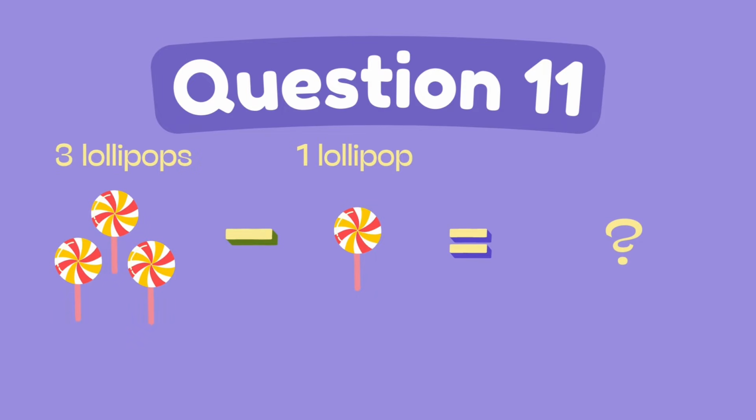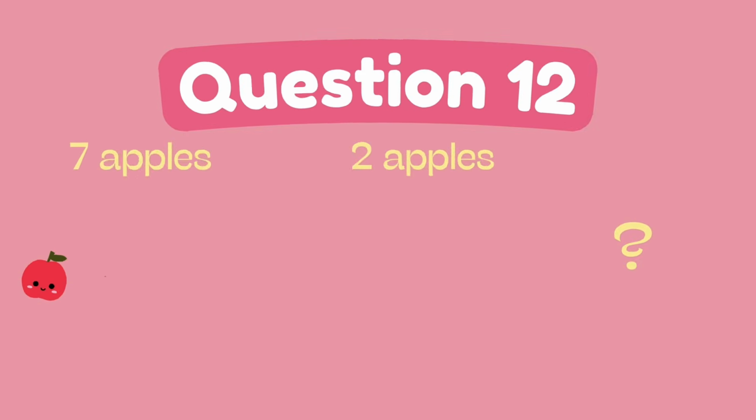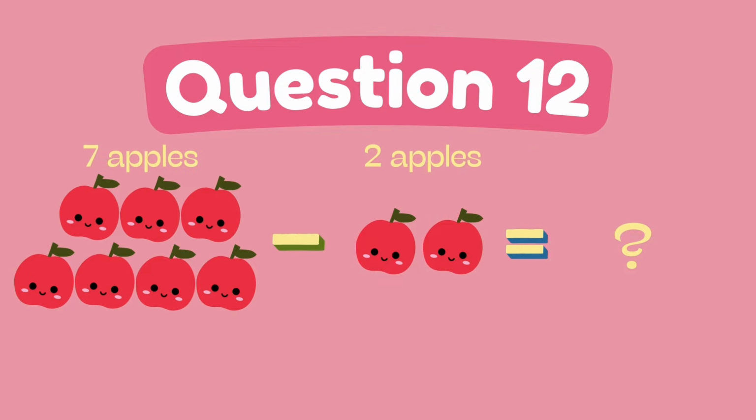What is 3 minus 1? The answer is 2. What is 7 minus 2?